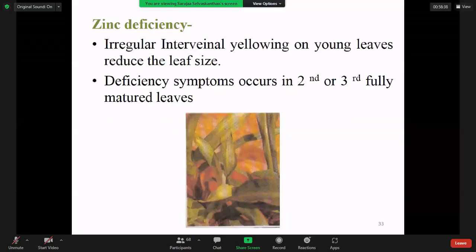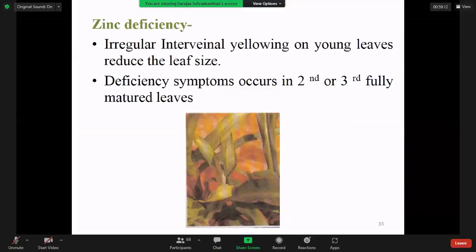In the deficiency, irregular interveinal yellowing. Until now we used the word interveinal yellowing, but here it is irregular; underline the word. Of younger leaves, reduced leaf size. Normally the deficiency symptoms occur in the second or third fully matured leaves, because zinc is an intermediate mobile nutrient.